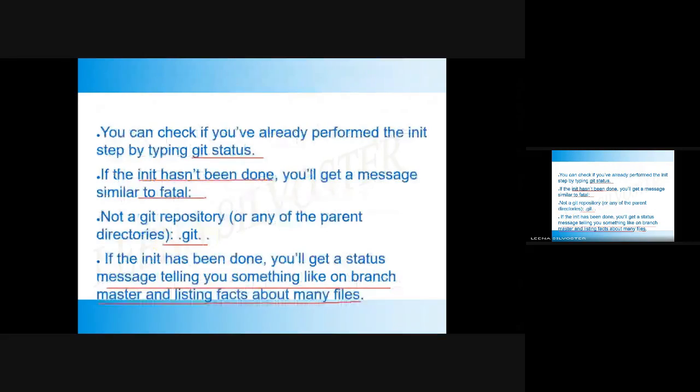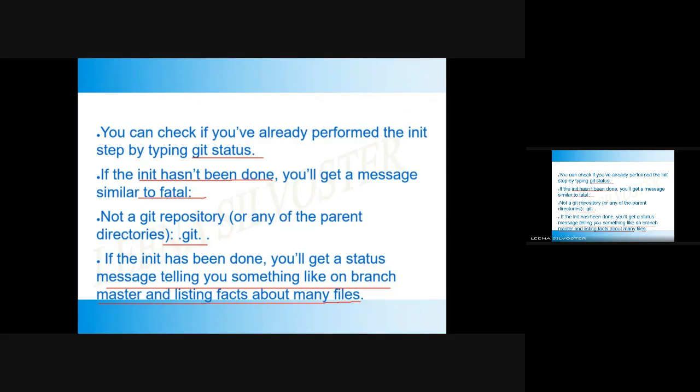Next is git status. You can check if you have already performed the init step by typing git status. If init hasn't been done, you will get a fatal error. Usually, the git repository is given as .git.